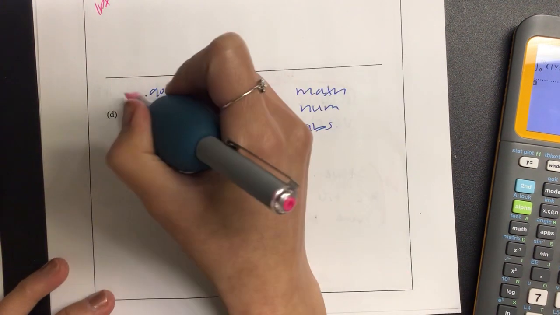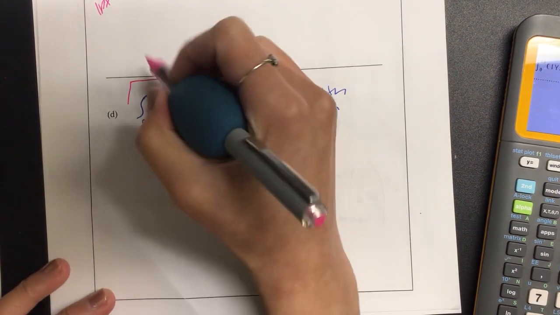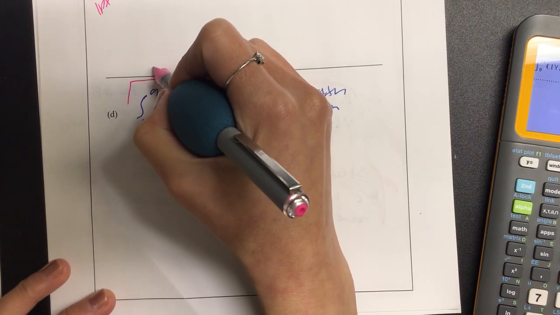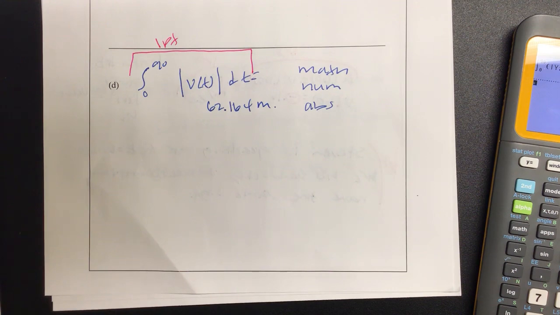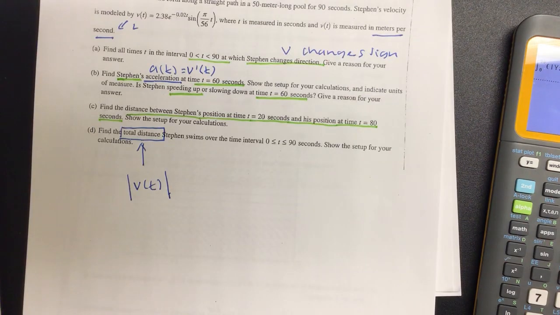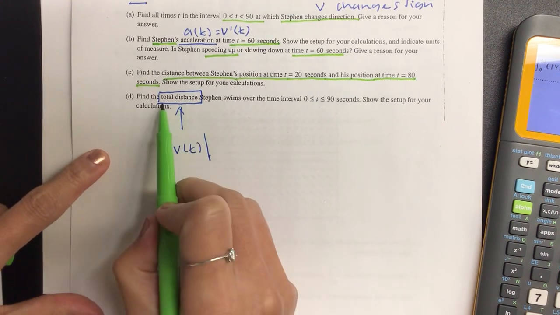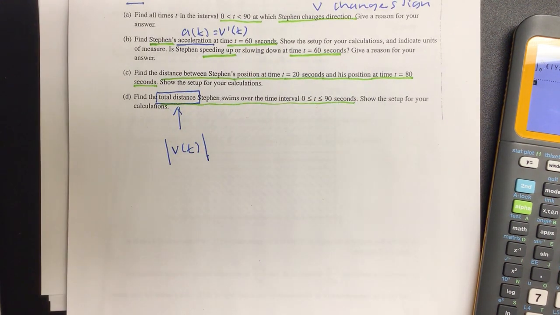So knowing that the total distance is the absolute value of the velocity is 1 point, and you must also include the upper and lower bound. And then, did we underline what we were going to say? I'm going to go blah, blah, blah is the answer.